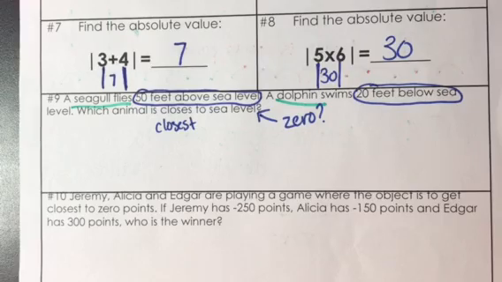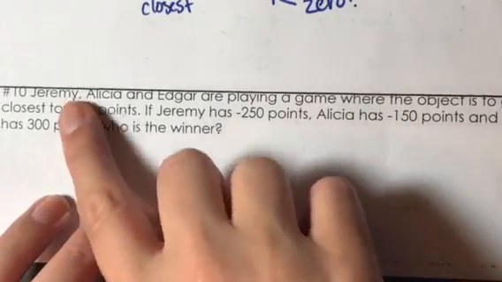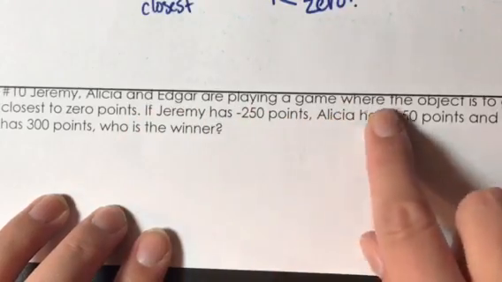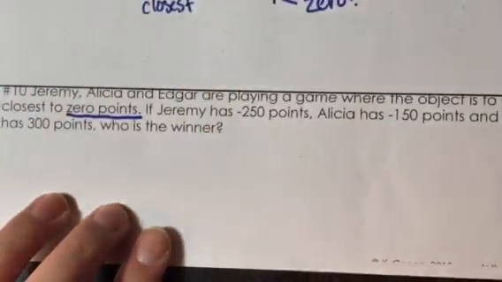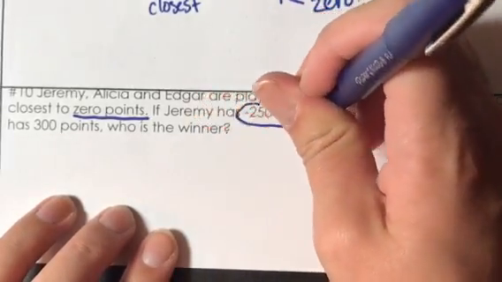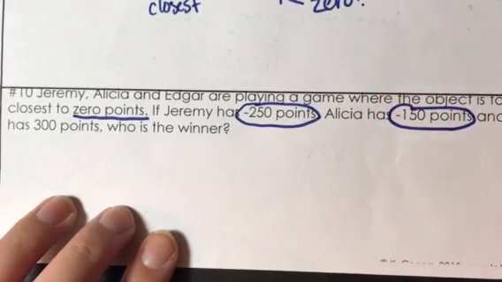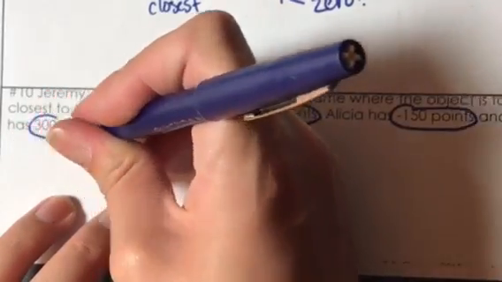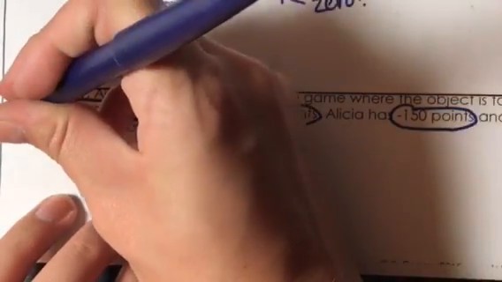And the next one. I'm going to zoom in. Jeremy, Alicia, and Edgar are playing a game where the object is to get the closest to 0 points. If Jeremy has negative 250 points, Alicia has negative 150 points, and Edgar has 300 points, who is the winner? Who is closest to 0 points?